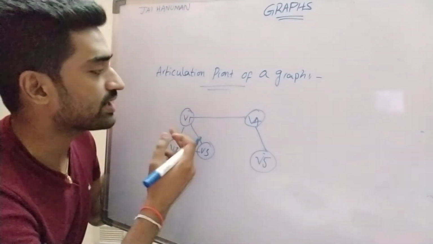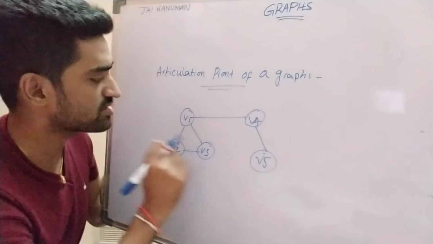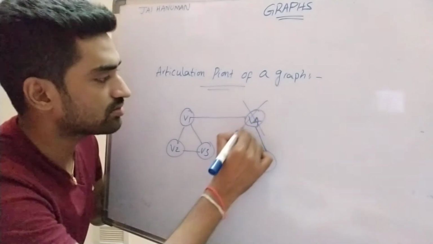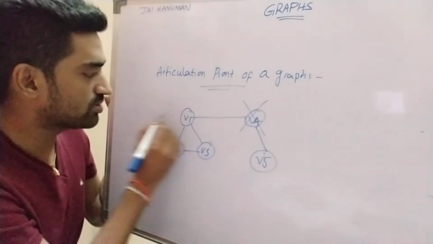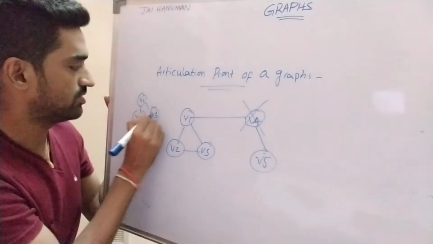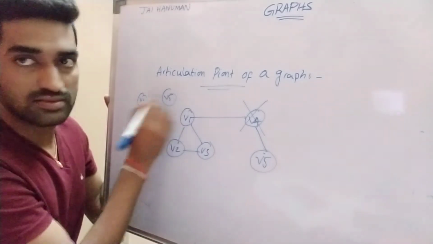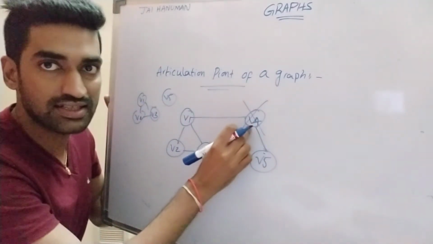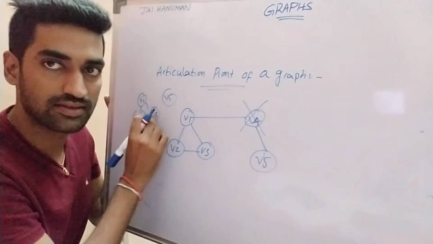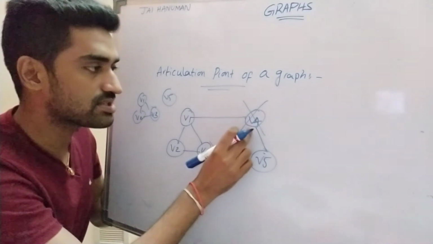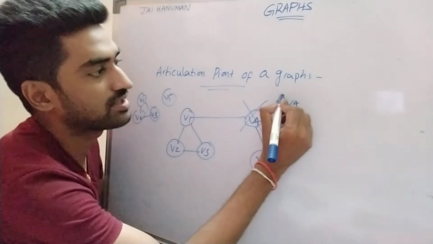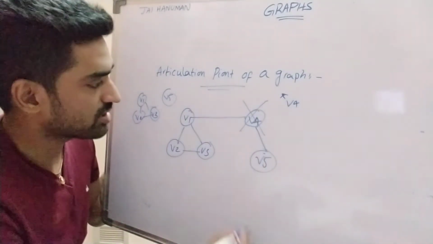Suppose I want to find the articulation points for this graph. Suppose I am deleting V4. It forms two graph components, V1, V2, V3 and V5. If a vertex deleted from the graph forms two or more graph components, then that vertex is said to be an articulation point. So for this graph, V4 is an articulation point. Is there any other articulation point?